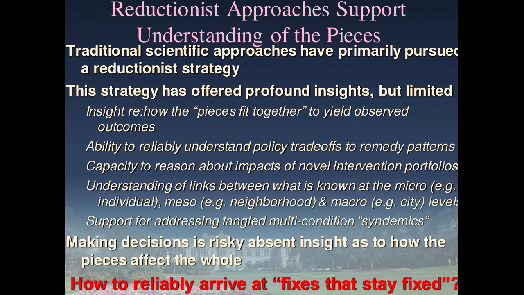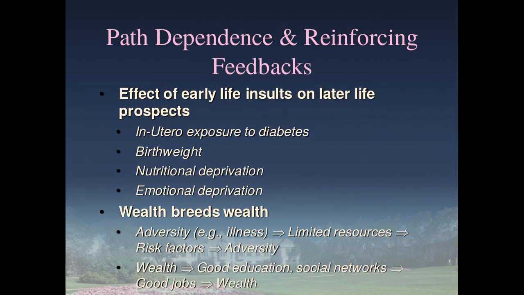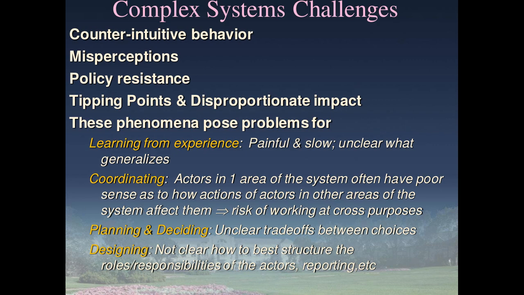And looking at multi-scale impacts between what's going on at the micro level and the macro and meso levels. And making decisions without an understanding of how they're going to affect the whole can be very challenging. I'm skipping forward here, but when we're dealing with these complex systems, they raise real challenges in several areas.